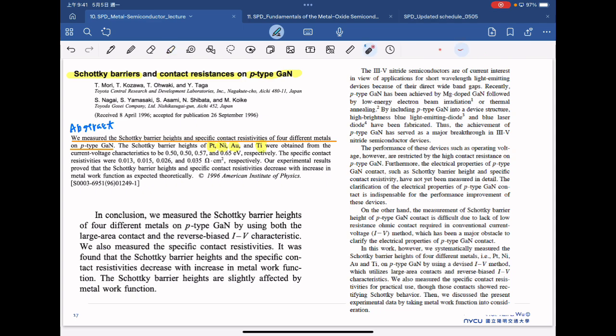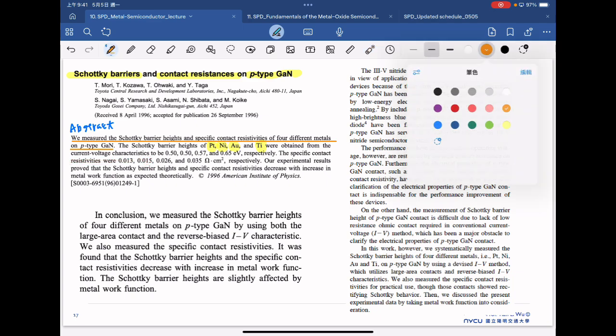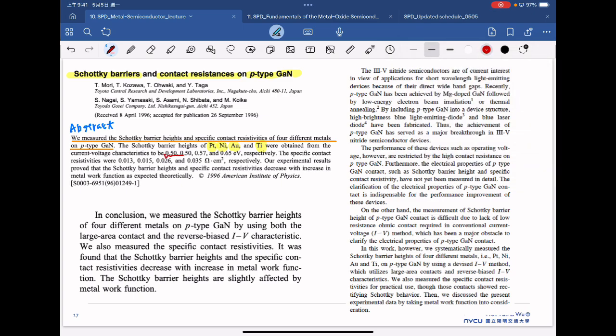The Schottky barrier height of these 4 metals was obtained from the current voltage characteristic, giving different values in electron volts, and the specific contact resistance was measured as well.